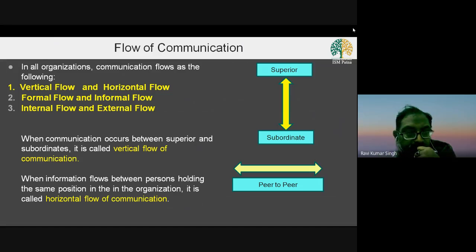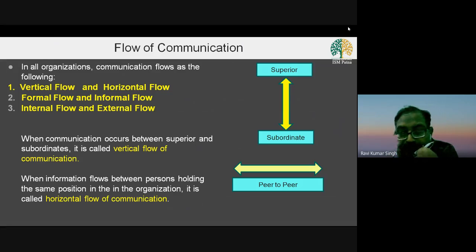Then horizontal communication happens when the communication is made between parallels. So it is also known as peer to peer. For example, in any department, one colleague is communicating with another person in the department, or it can also be cross functional: marketing people communicating with finance people and HR people.